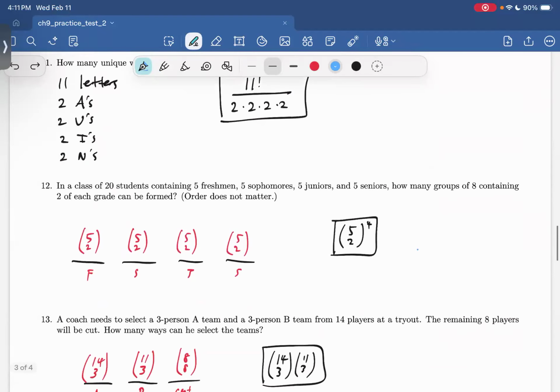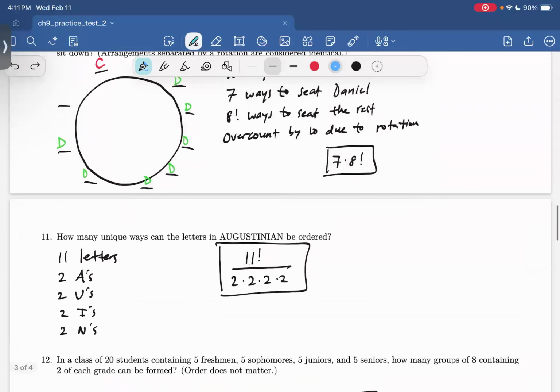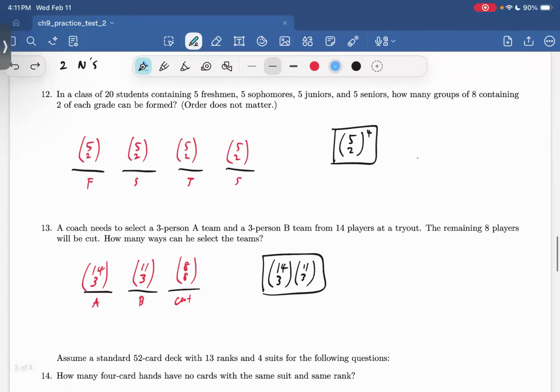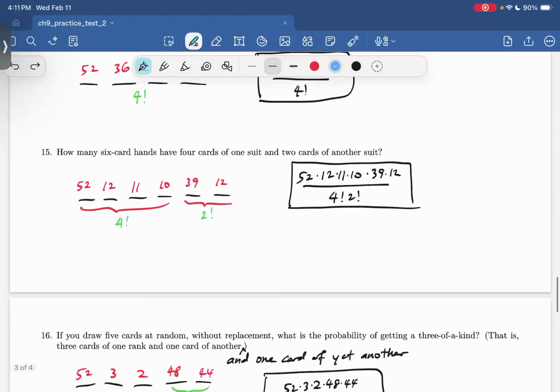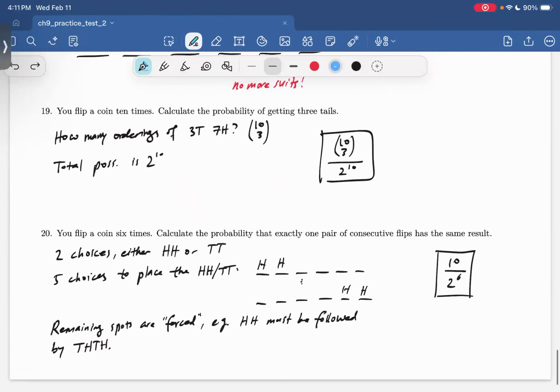You're going to see a question about A team, B team. You're going to see a question similar to 12. It's going to be very similar. So even though it's tricky, I'm giving you the problems ahead of time, essentially. The only one that might be a little different is question 20. It'll be different variations of these kinds of ideas. Hopefully that's helpful, and good luck.